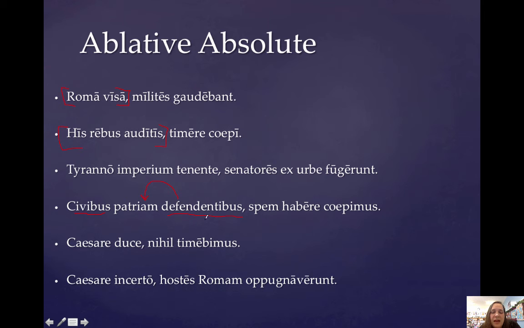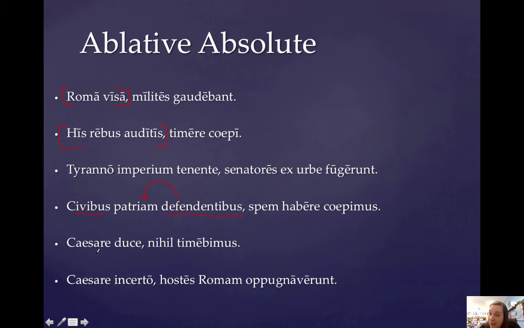So I began to have hope is our main sentence. With the citizens defending the country, I began to have hope. And again, with the citizens defending the country, or the fatherland, sounds a little bit awkward. So you could say, when the citizens were defending the country or the fatherland, I began to have hope.